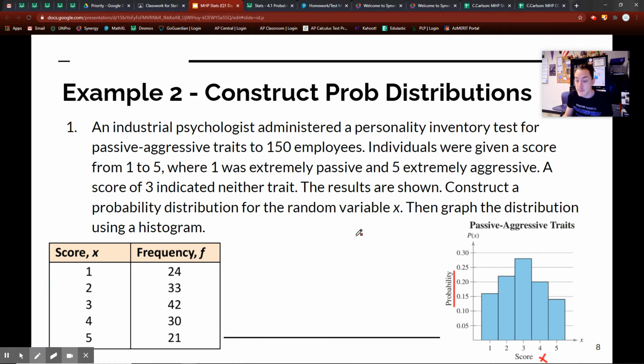For 1, we had around 0.16. For 2, we had 0.22, so this is roughly around 0.22. For 3, we had 0.28. For 4, we had 0.20. And for 5, we had 0.14.